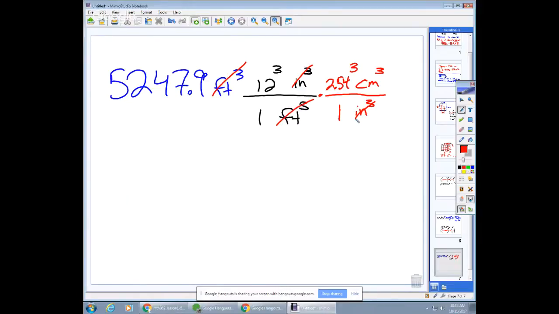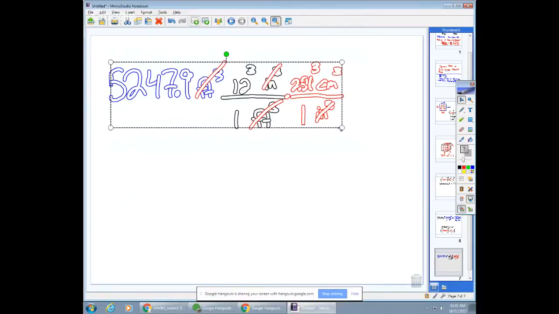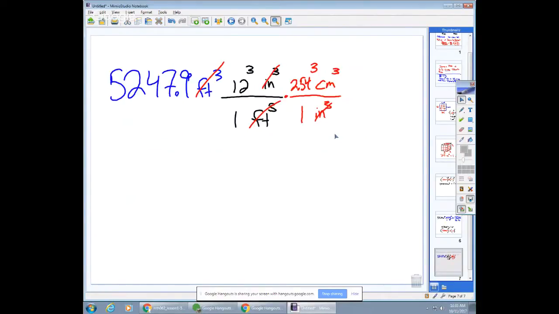I'm almost where I want to be. I need a little more room. Can't wait, soon we'll have paper that you can do this on. I shrink that, give myself a little room. All right, so now I'm at cubic centimeters. What do I want really? I want cubic meters, right? So then we need to multiply by another factor where we get rid of centimeters cubed and change it to meters cubed.